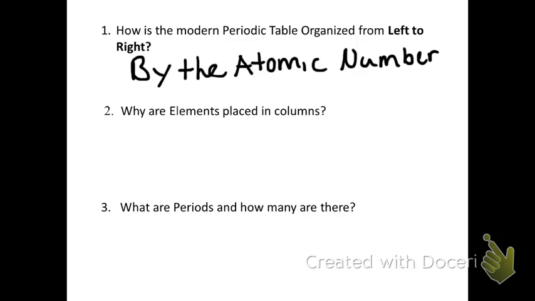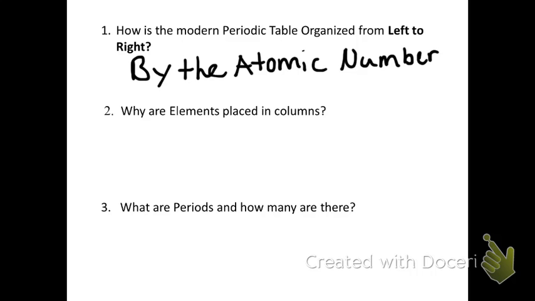We'll learn more about what the atomic number is later, but essentially it is the number of protons that an atom has. Alright, and we'll look at this on the periodic table in a minute.